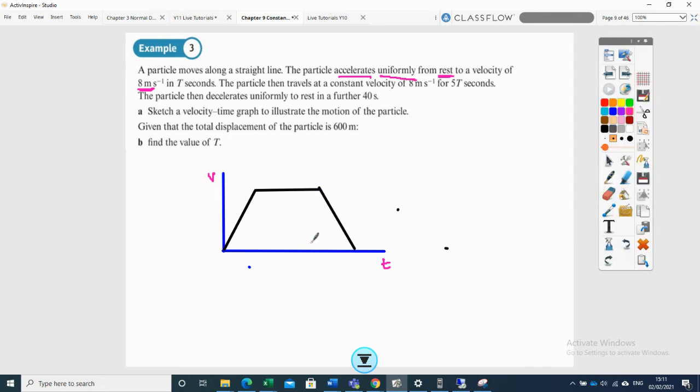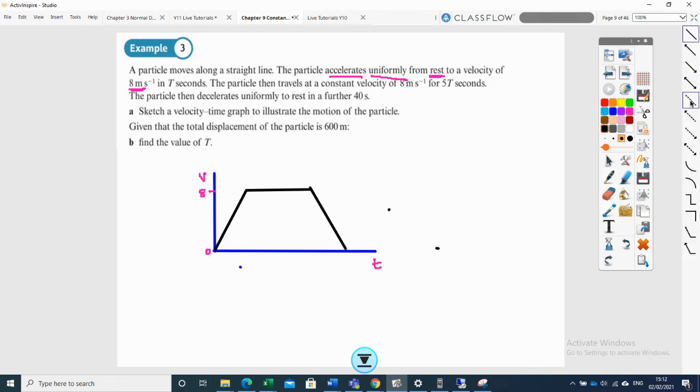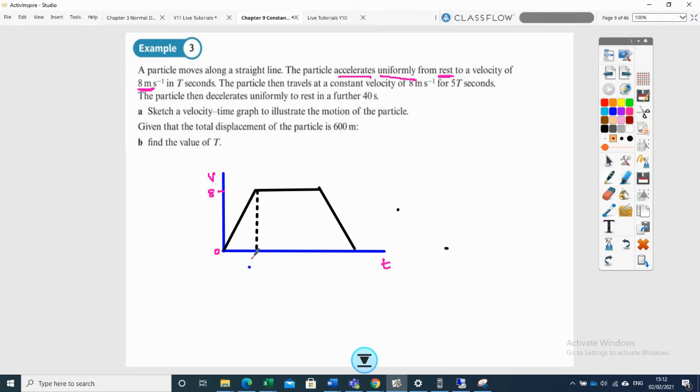Okay, we need to label this graph. You can't just leave it like that. We do need to label it. So it starts from 0 and it goes up to 8, and at this point here, that has taken t seconds, and it's then gone at a constant rate for 5t seconds.